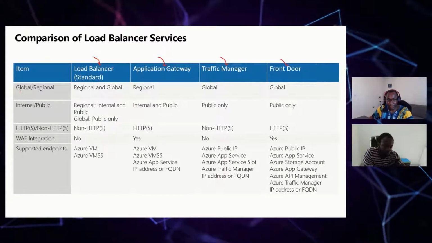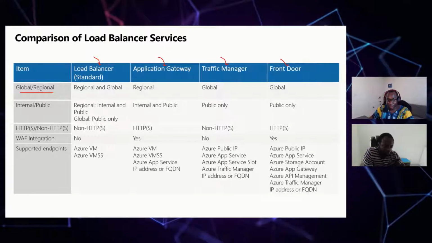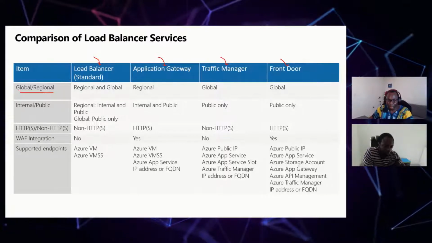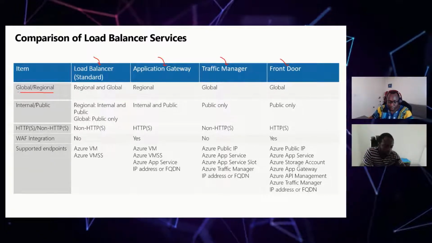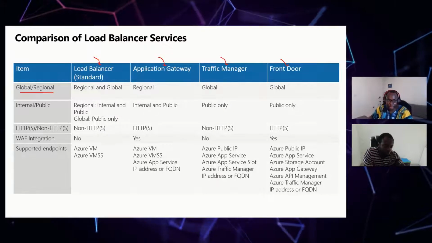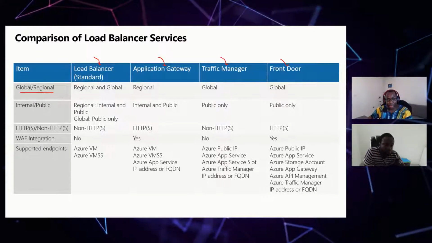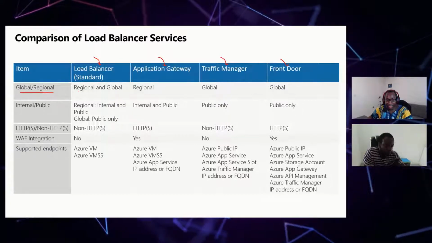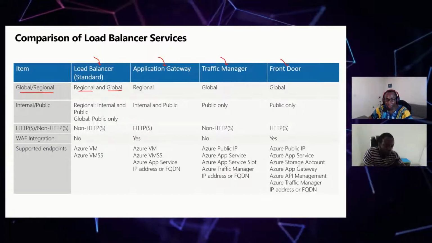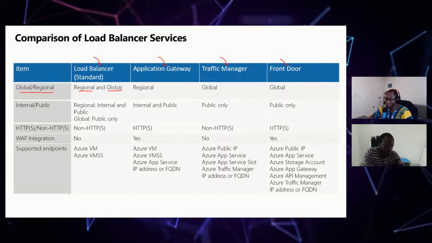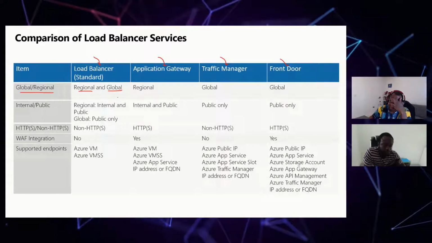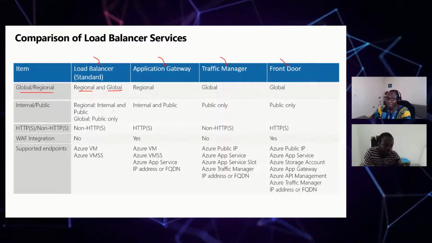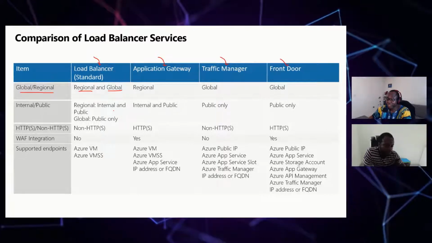Now, when it comes to whether they can load balance across instances that are global, in other words across multiple regions, or just instances within a region, you can see that Azure Load Balancer Standard can load balance across instances, whether regional or global. That's a very new one, because in the past this used to be only regional.